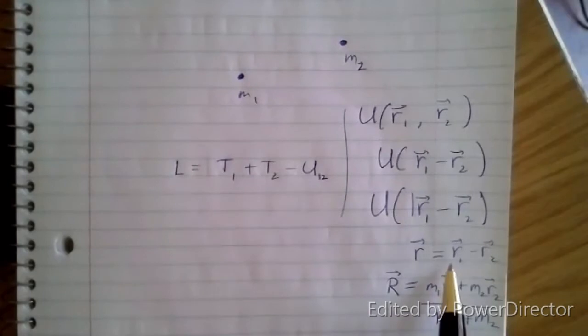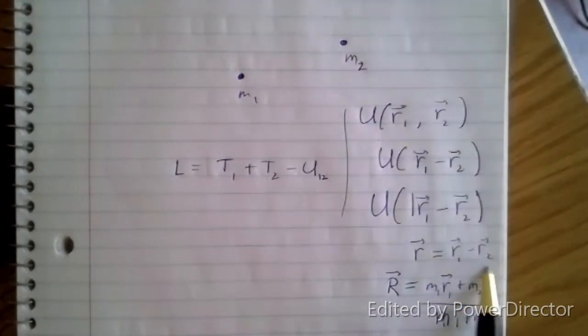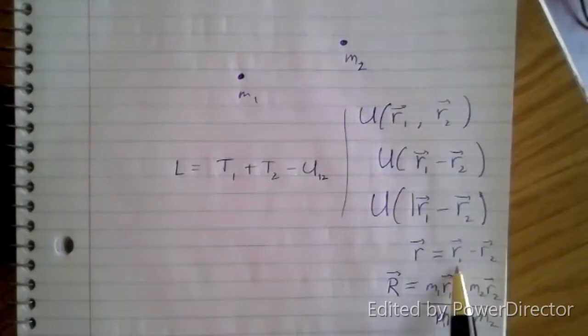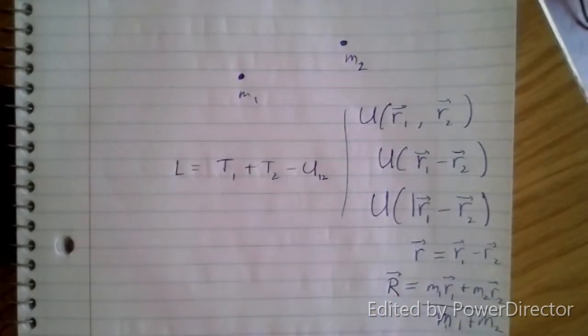And we see that we haven't really lost any information because before R1 had 3 components, R2 had 3 components, so we needed 6 bits of information. And now using the relative separation vector R and the position of the center of mass, again, each of them has 3 components, so we still need 6 configuration degrees of freedom.